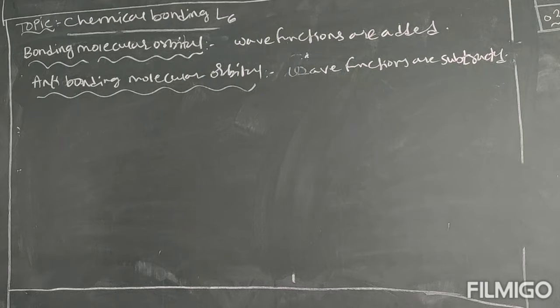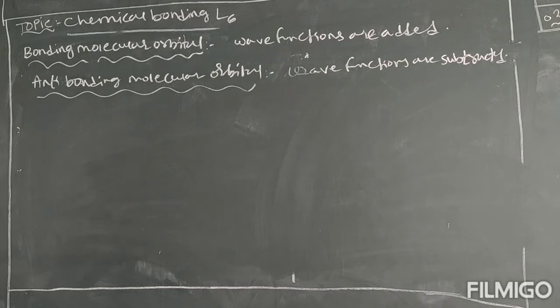That is the most important thing. Addition of the wave functions gives the bonding molecular orbital, and subtraction of the wave functions gives the anti-bonding orbital.